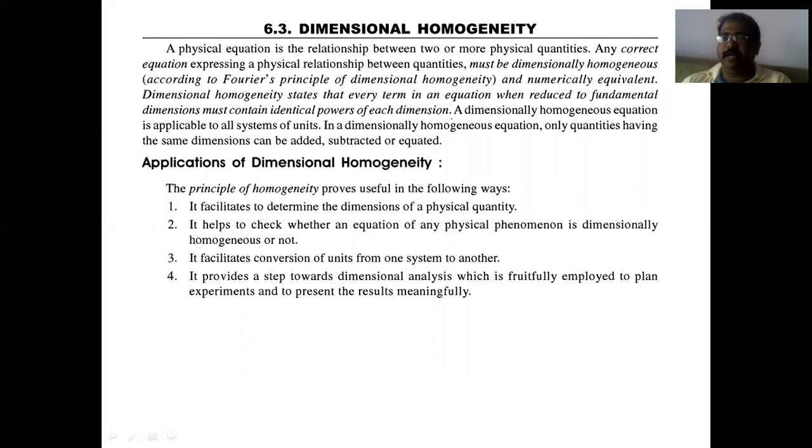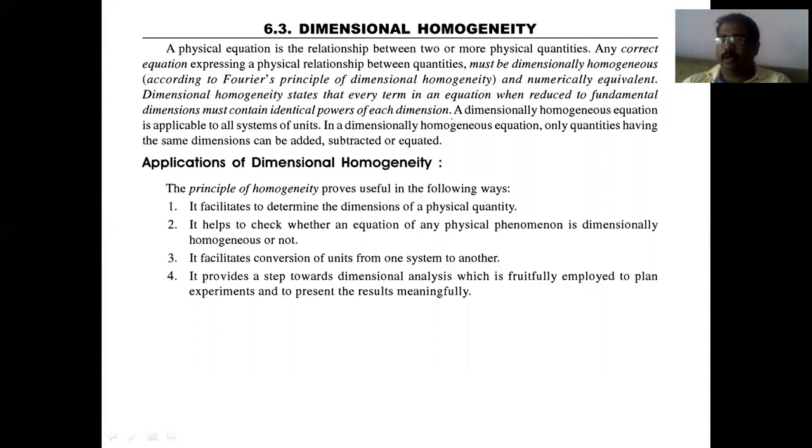Means, force is a quantity whose unit is Newton, and in dimensional analysis we derive M L T raised to power minus 2.